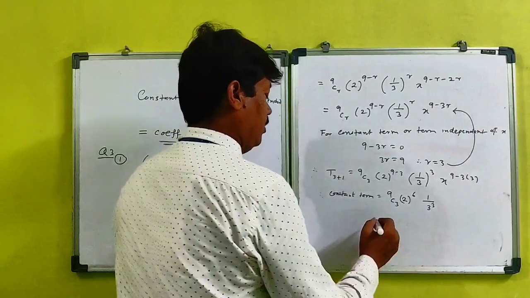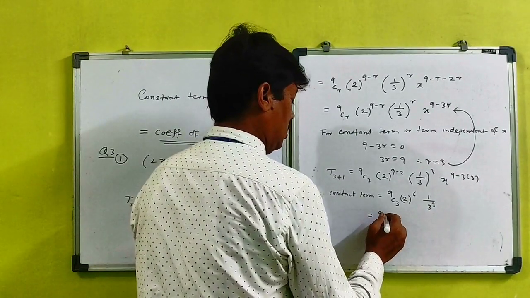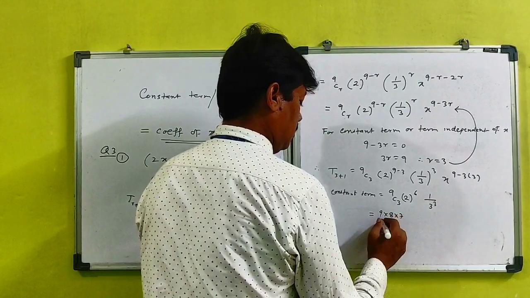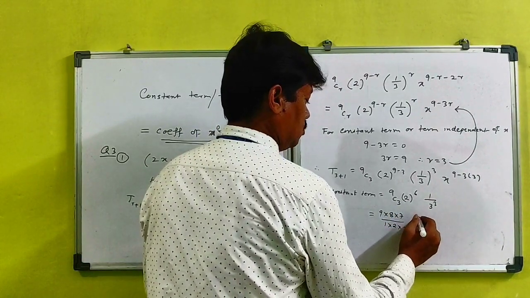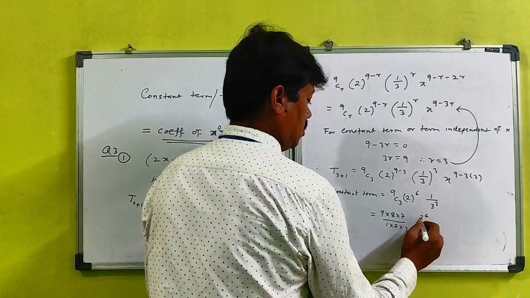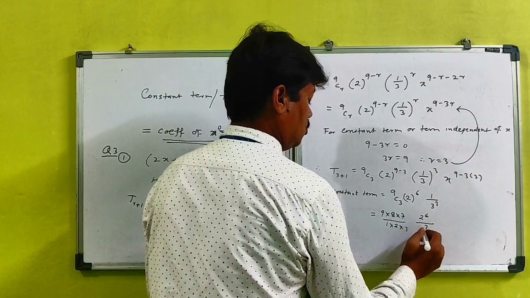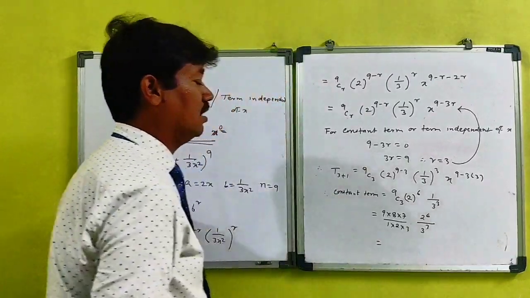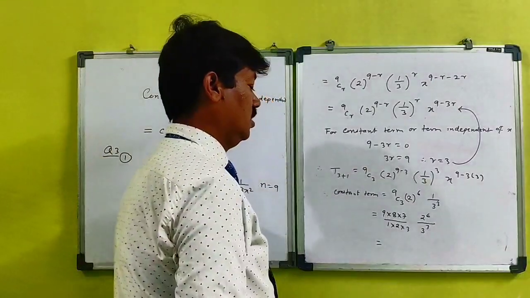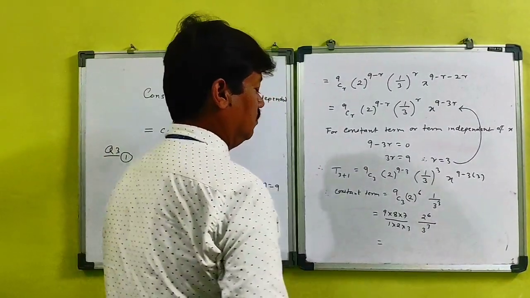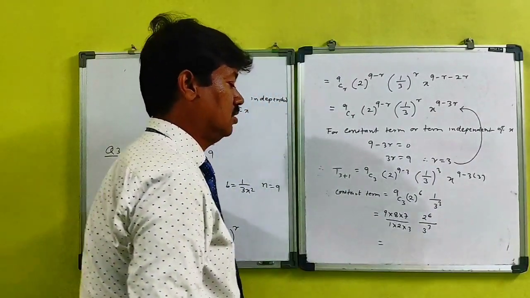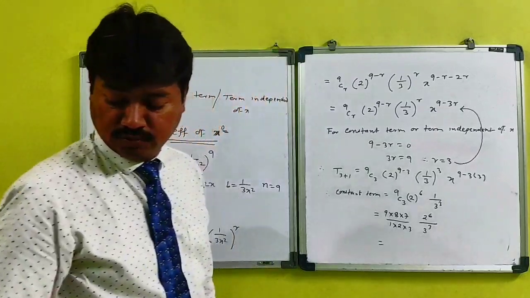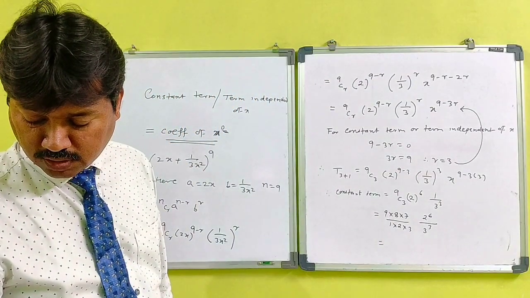That is 9, 8, 7 upon 1, 2, 3, times 2 raised to 6 upon 3 raised to 3. So you have to calculate this. See what cancellation will give you, so check what the answer is. So just calculate this one.